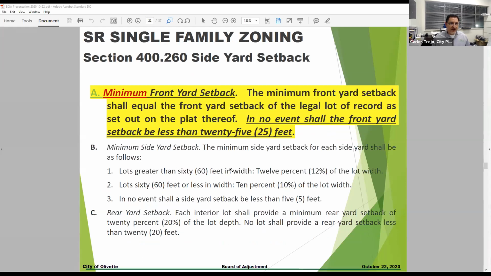In the SR single family zoning, we have front yard setback requirements, and we also have side yard setback requirements that you'll see listed here. On lots in excess of 60 feet, the required setback is 12% of the lot width. In this case, I believe the subject property is over 60 feet in width, and the required setback is 15 feet on both the north and south property lines.